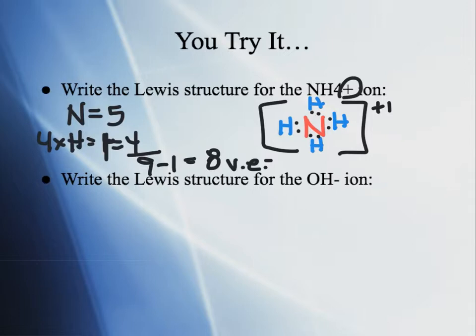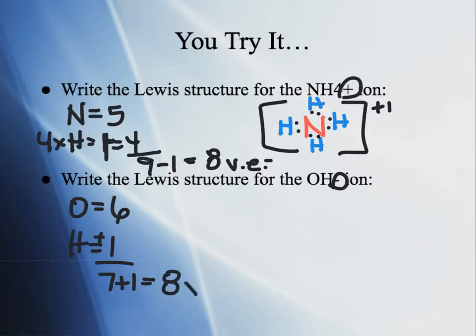Okay, so let's take a look at a negatively charged polyatomic ion. This one is hydroxide. So again, typically oxygen has 6 valence electrons and hydrogen has 1 valence electron, and if you add those up, that would be 7. However, this is a negative charge, so that means we add an extra electron to it. So this one is also going to have 8 valence electrons.